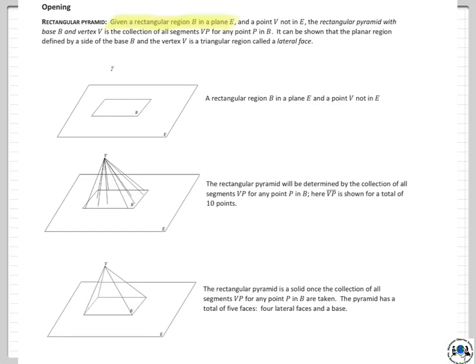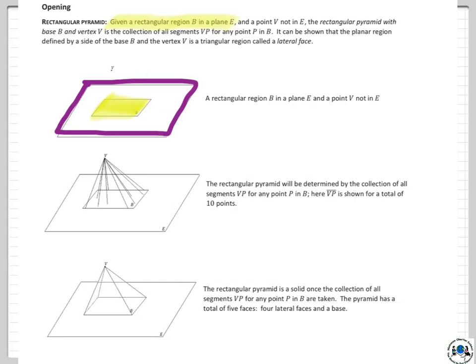Here's our little rectangular region B, sitting inside this larger region called E, and point V not in E. The rectangular pyramid with base B and vertex V is the collection of all segments VP for any point P in B.